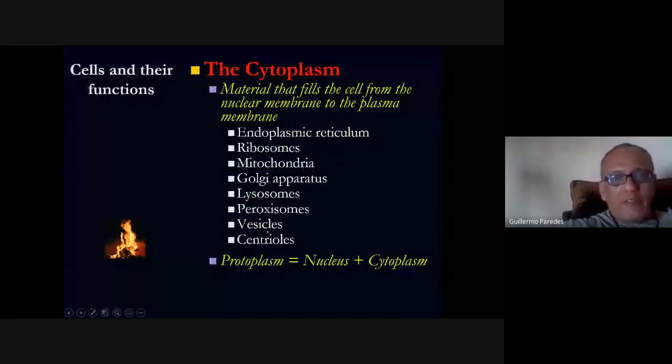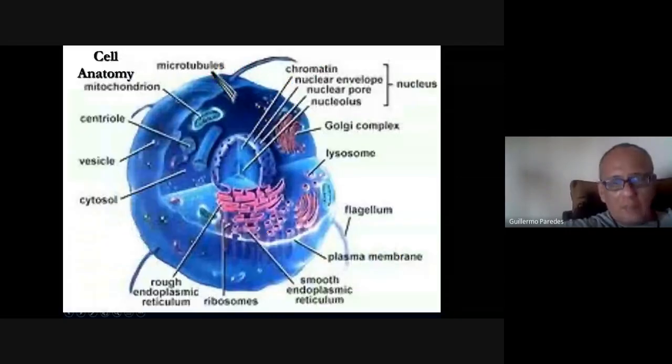So the cytoplasm. What is the cytoplasm? Listen very carefully: cytoplasm is everything that is in between the cell membrane of the cell and the membrane of the nucleus. This is the nucleus here.